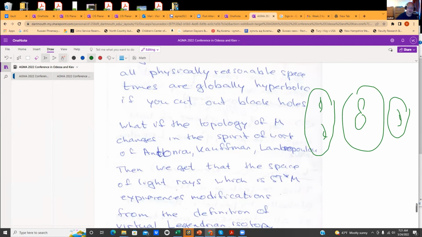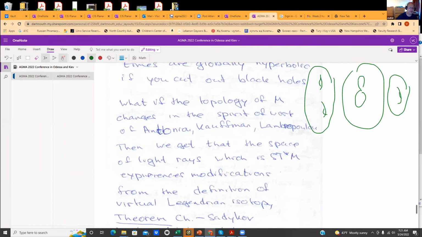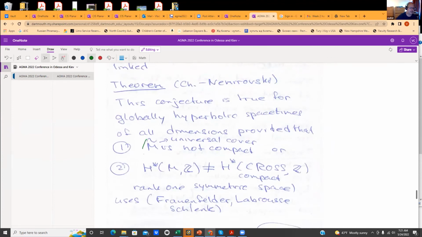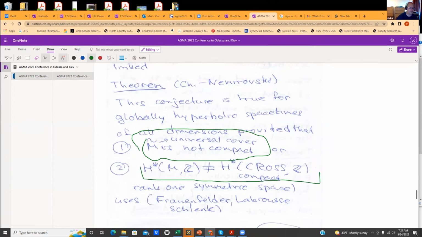And we do not have a theorem in general. Actually, we do, sorry. So what we can prove is the following. Assume that during this deformation, which now works for all manifolds of all dimensions, not necessarily dimension 2, what happens is that either the universal covering of the section at the fixed time is not compact, or the integer cohomology is not the same as that of a compact rank 1 symmetric space, and compact rank 1 symmetric spaces are basically projective spaces.